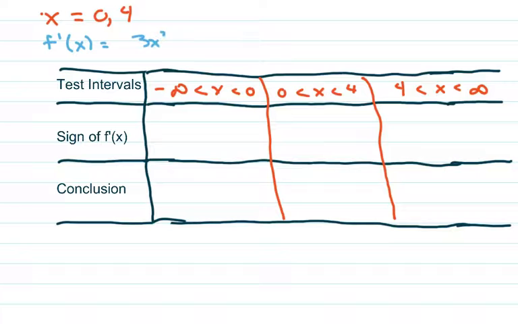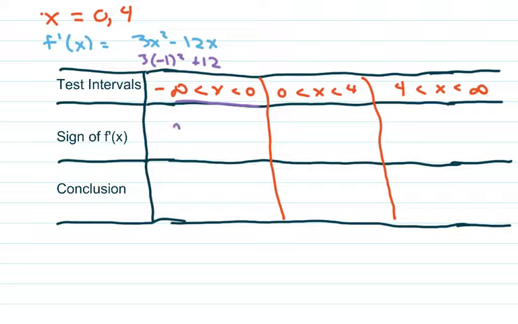3x squared minus 12x. So what you merely do is you plug in numbers less than 0 on this interval. So if I plug in, say, negative 1, you're going to get 3 times negative 1 squared, and that negative 1 is going to change it to positive.